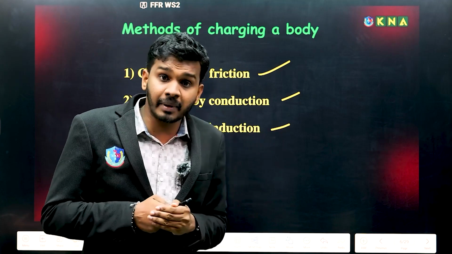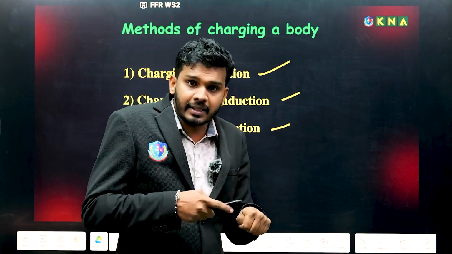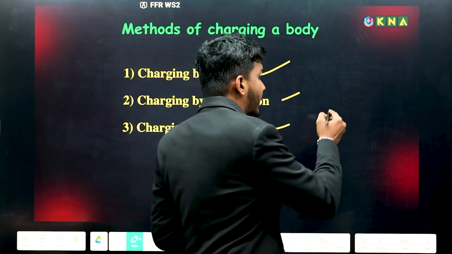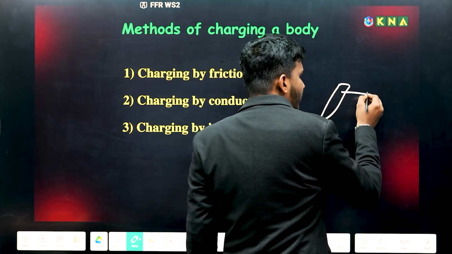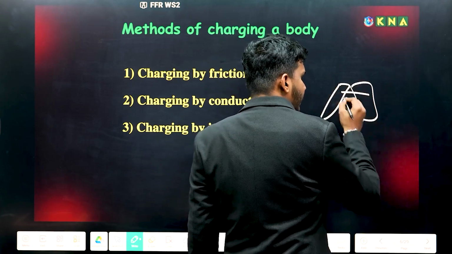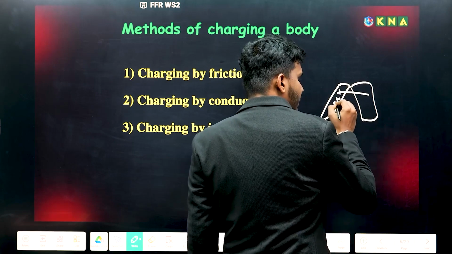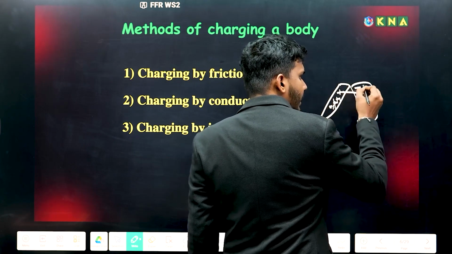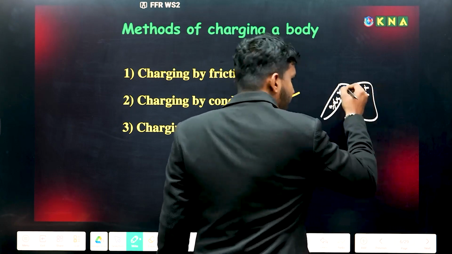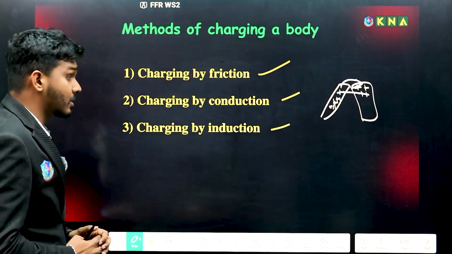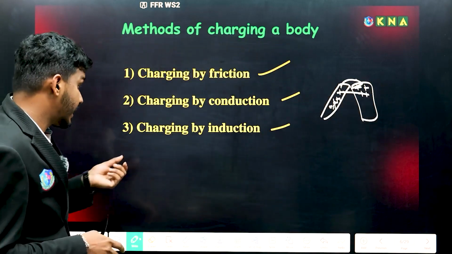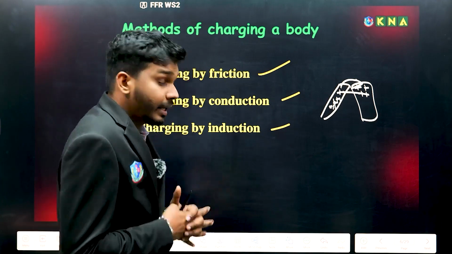In charging by conduction, through direct contact, charge is transferred from one body to another, for example a positive charge transferred by direct contact. That process is called charging by conduction. Then, what is charging by induction?